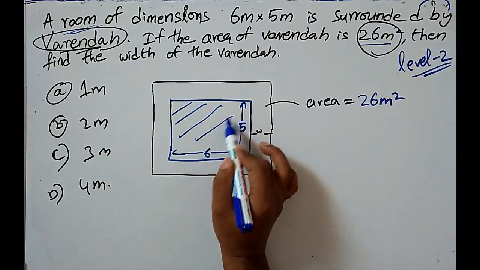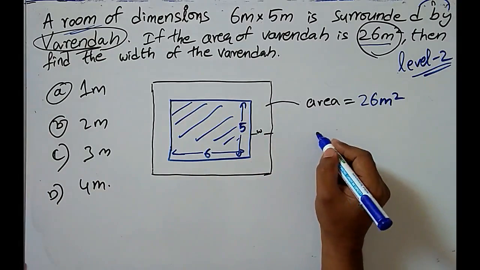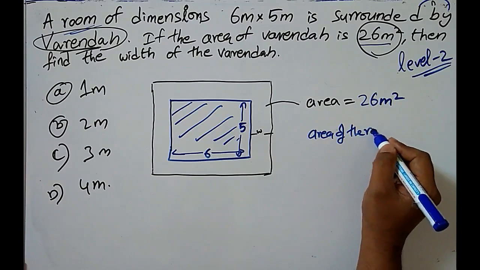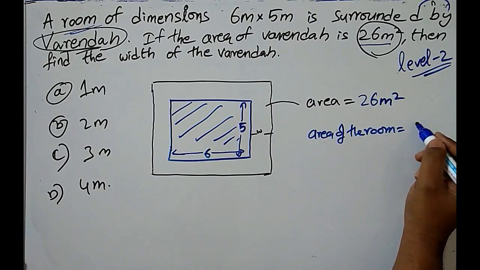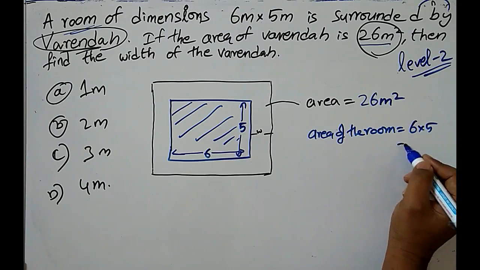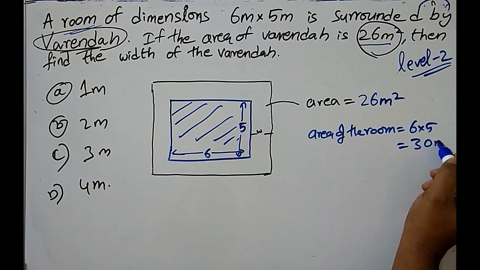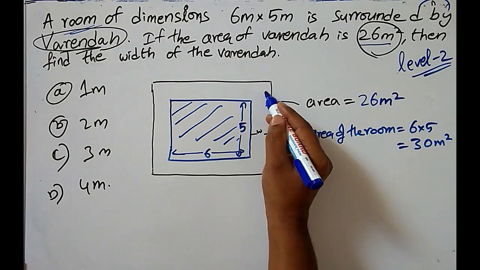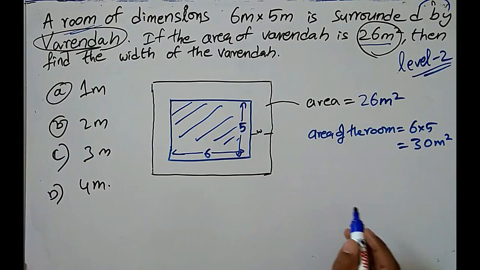Yes, we can find. Area of the room is equal to 6 into 5, that is 30 meters square. And the area of the veranda is 26 meters square.